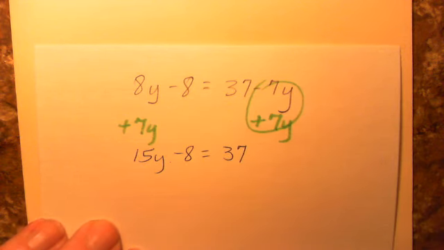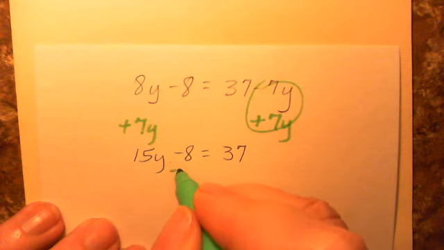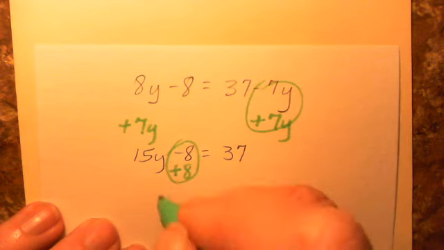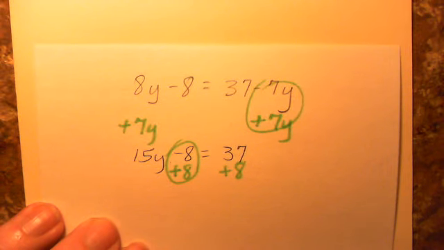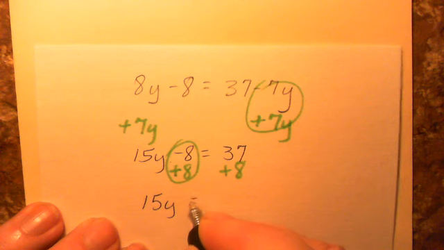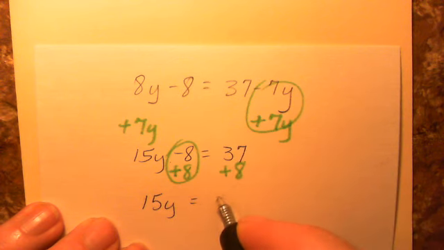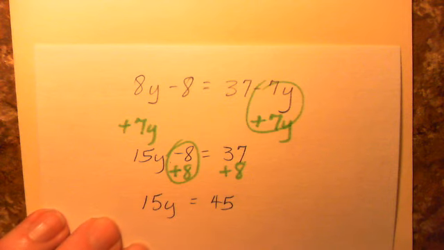Now we could use the addition principle again, so we would add positive 8 to 0 out the negative 8. Positive 8 here. Now that gives us 15y, that zeroes out, is equal to 45.